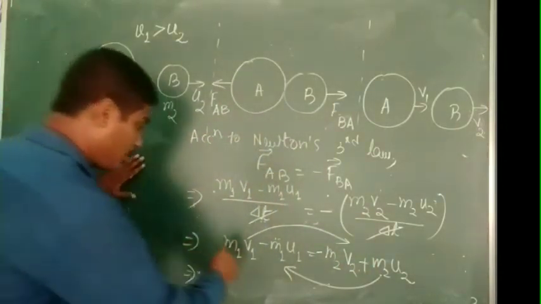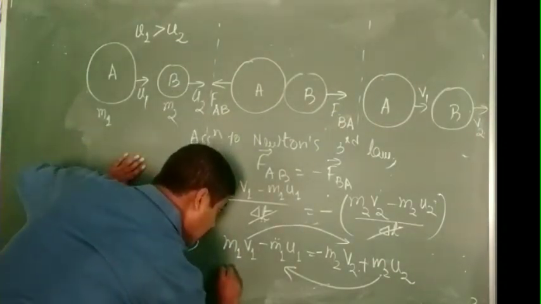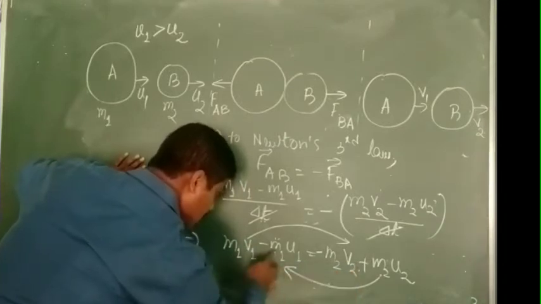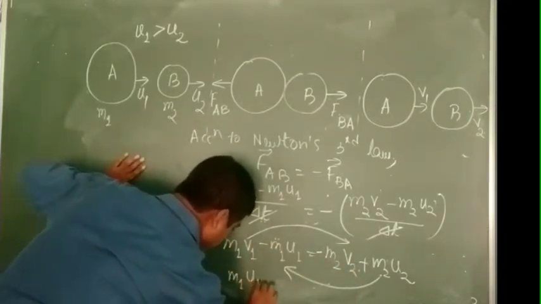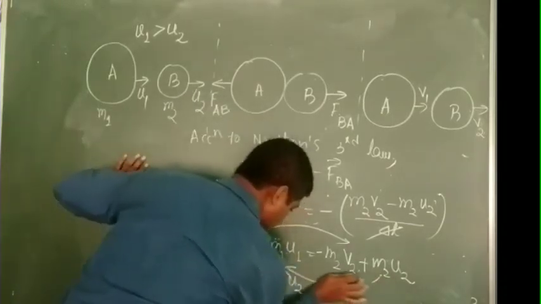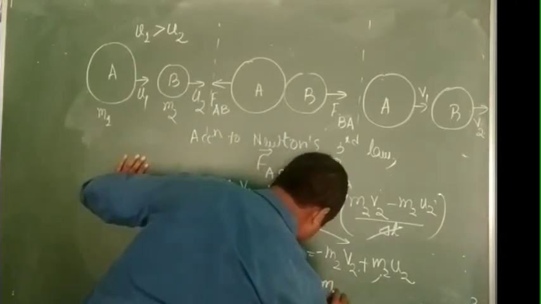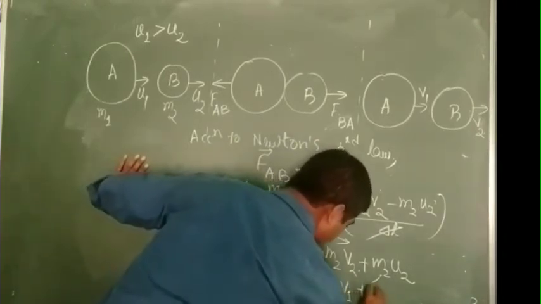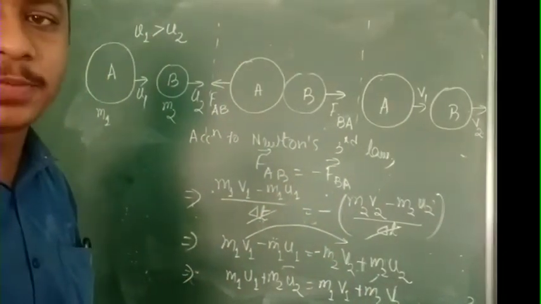So if I interchange the positions, the final expression that you will get will be m1 u1 plus m2 u2 equals m1 v1 plus m2 v2. This is the final expression that we will get.